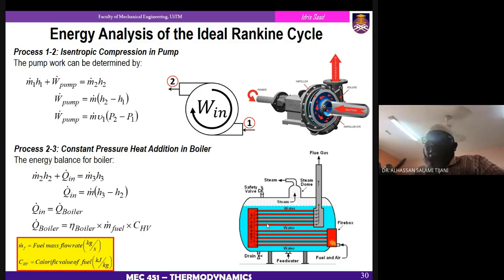Okay, and then we mentioned that all actual gas power cycles do not follow real thermodynamic cycles. So we need to impose certain assumptions, the air standard assumptions, on these systems so that we will be able to analyze the thermodynamic properties of the system.